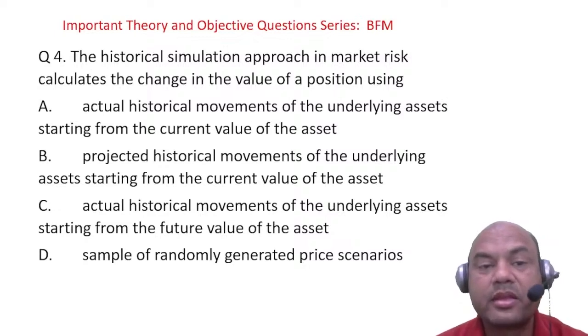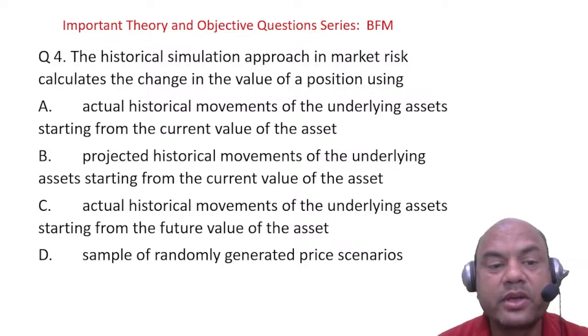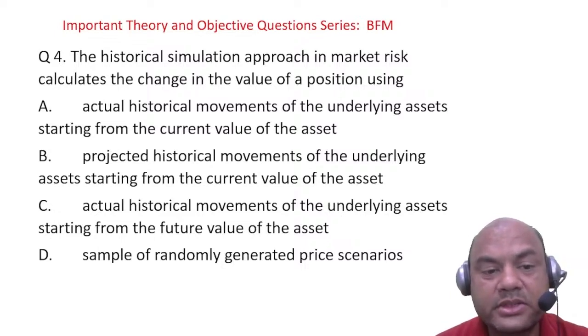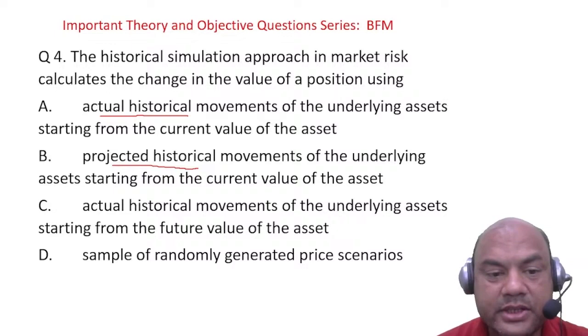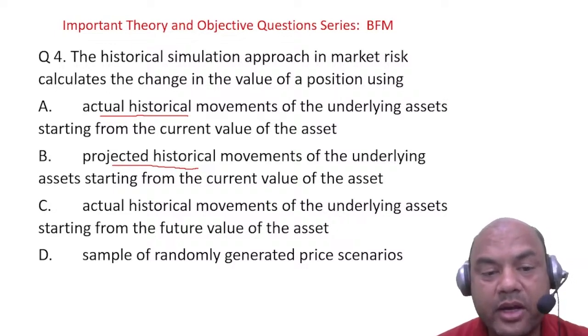Think over it. I'll just wait over here. I'll give you a few hints. Actual historical movements. Second is projected historical movements. Actual historical, projected historical, and depending on the current value. So these are on current value.